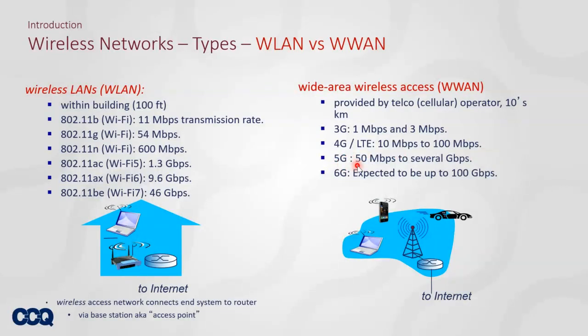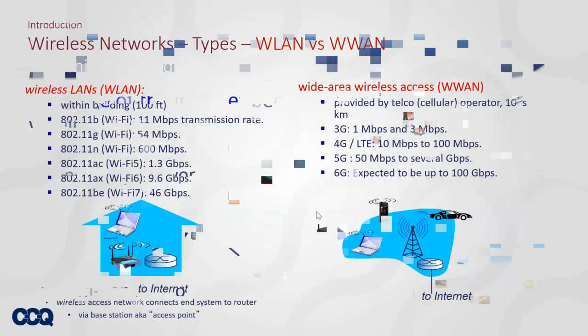In 5G, which we are currently using, the speed can reach up to 10 gigabit per second, several gigabits per second. And in 6G, it is expected that the speed can reach 100 gigabit per second. This is important and interesting information that shows you how wireless and cellular technologies are evolving and how the transmission rate is increasing from one generation to another.